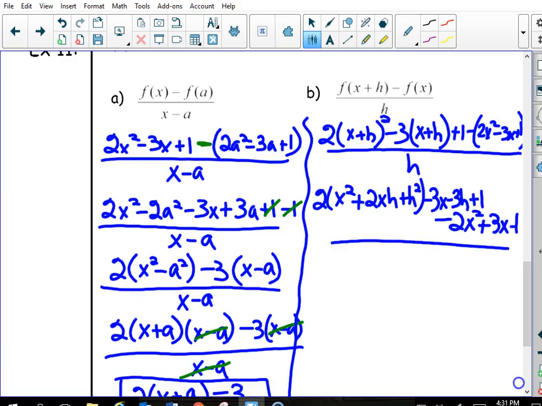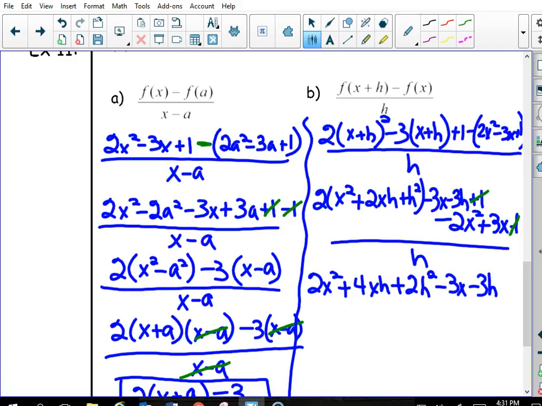Okay, all over h. So my plus 1 and my minus 1 cancel, and let's do the multiplication in the numerator. 2x squared plus 4xh plus 2h squared minus 3x minus 3h minus 2x squared.